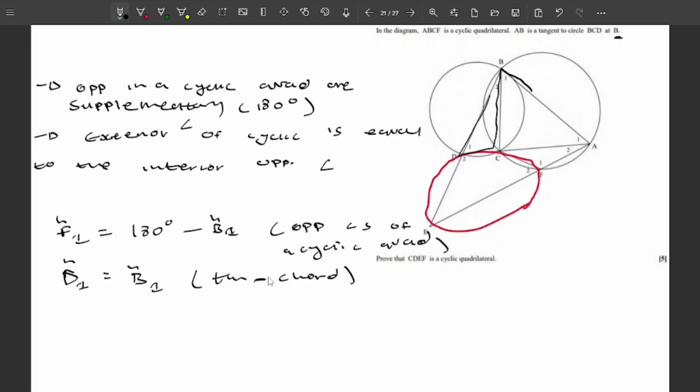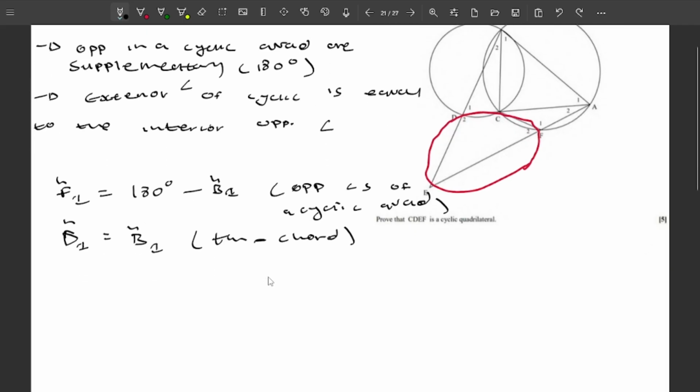Since we know that, we can use sum of angles on a straight line and say angle D1 plus angle D2 is equal to 180 degrees.